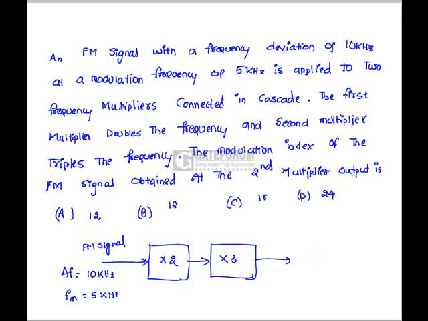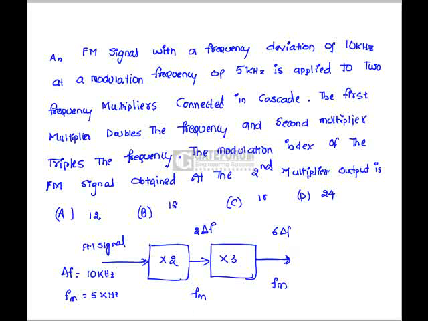So here what happens is, when we pass an FM signal through a multiplier, only the deviation gets affected. The modulation frequency is not going to be affected. 2 delta F, this is fm as it is. Here it is 6 delta F, fm is as it is. We have to calculate the modulation index at the output of the second multiplier.